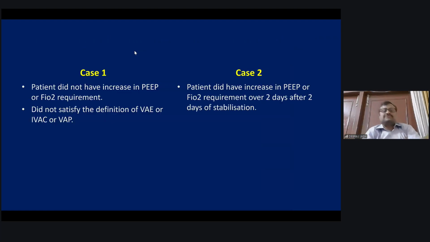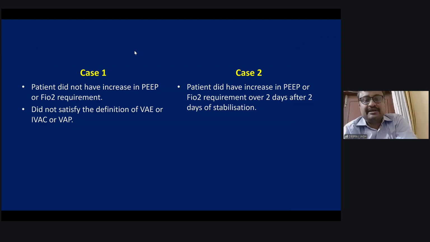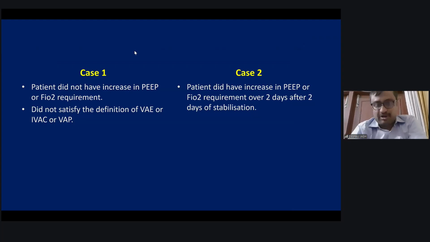Now, if you see case 1, the patient did not have any increase in PEEP or FiO2, so did not satisfy the definition of ventilator associated event or IVAC or VAP. So although the patient has developed some kind of pneumonia or increase in purulent secretion, I cannot call this ventilator associated pneumonia.